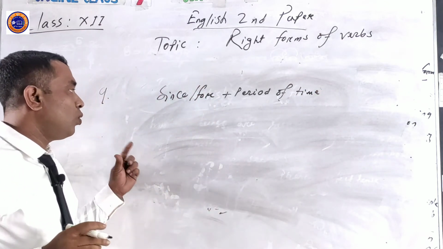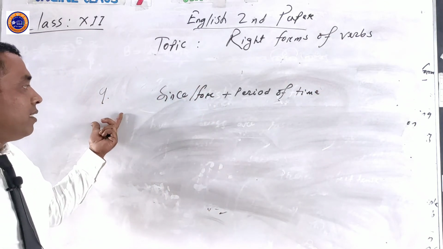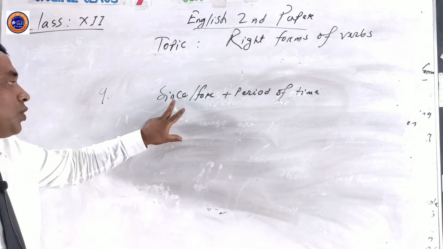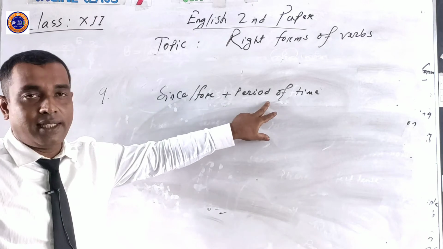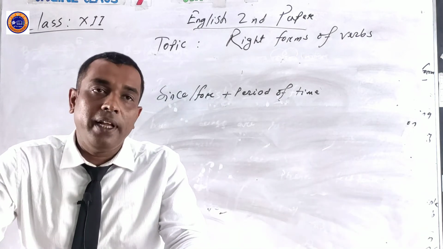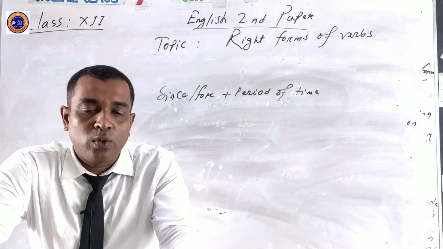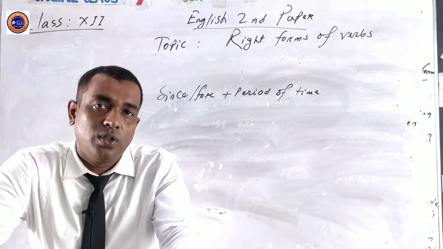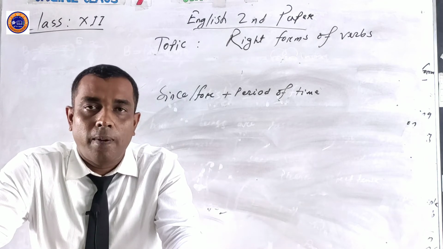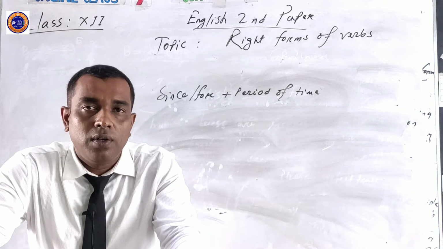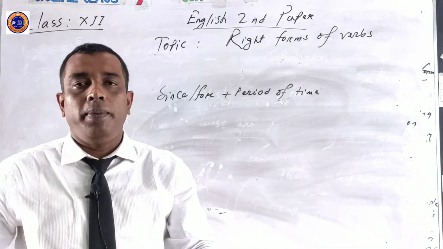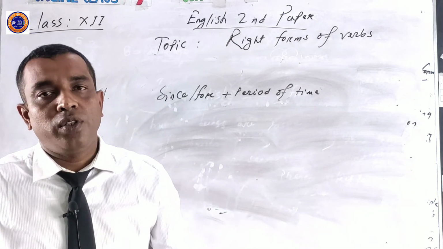Dear students, in rule number 7 we'll say that if any sentence has the words since or for plus period of time, you must understand that this sentence will be present perfect continuous. So the condition is that if any sentence has since or for plus period of time, this sentence will be present perfect continuous tense.